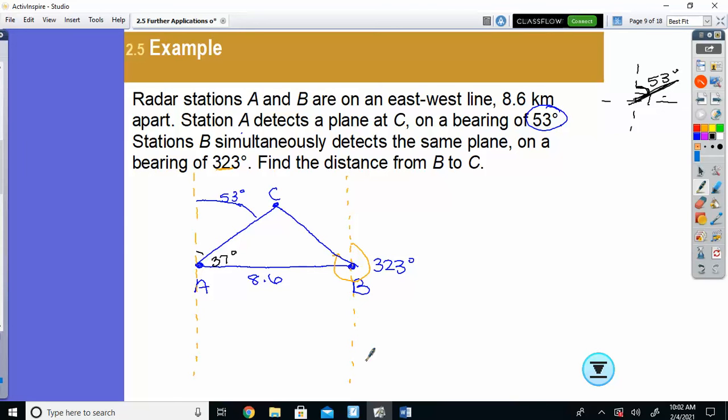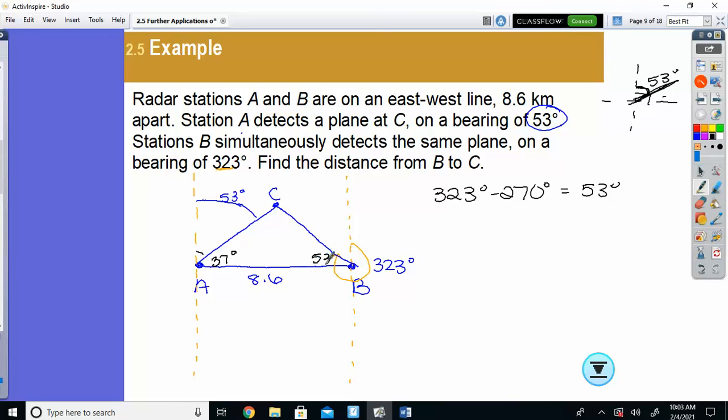Okay, let's look over here. We know that to get to this point, right there, we went all the way around. So to get to there would be how many degrees? From here to here would be 180, and another 90 would be 270. So if I did 323 minus 270, we get 53 degrees.